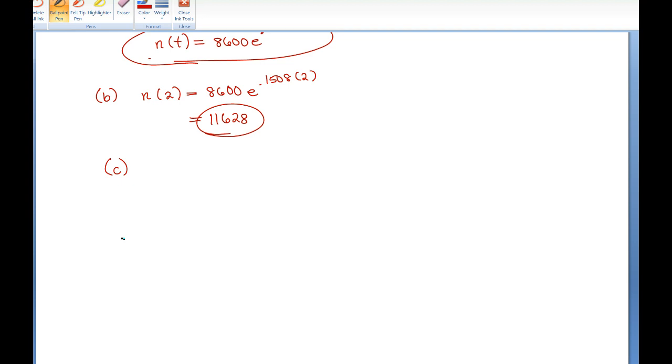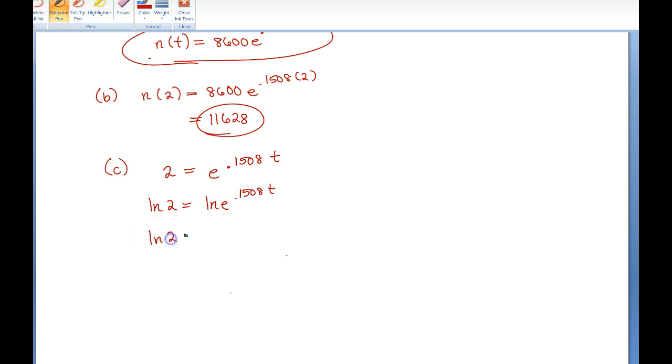And then for part C, after how many hours will the number of bacteria double? So if you remember from the previous problem, whenever you double, it doesn't matter what you start with, when you divide, you're always going to end up with 2. So we're going to take ln of both sides.